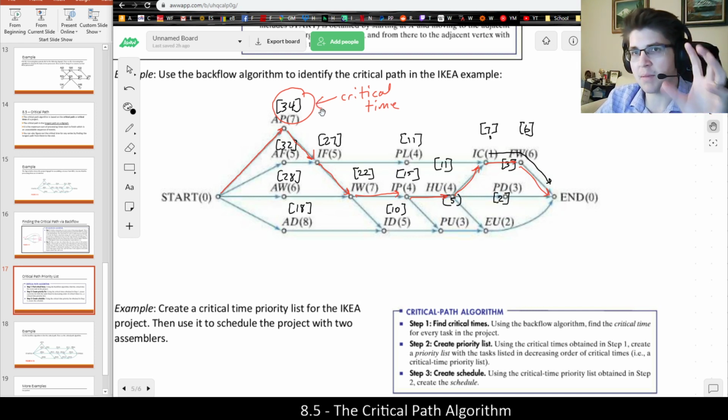And we want to allow that chain to finish as quickly as possible by focusing on the highest critical times first. With a lot of those other tasks, same deal. Like AF having a high critical time also means from there it's going to take that long. So the critical path algorithm makes really good use of knowing the critical times of each of the vertices, and it makes sense to try to do the longest ones first.